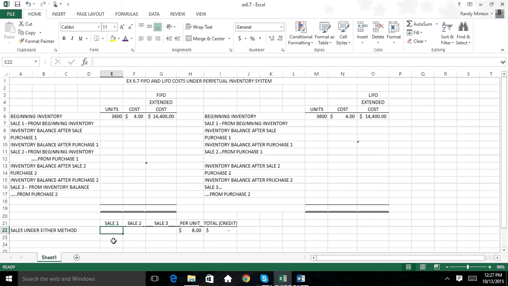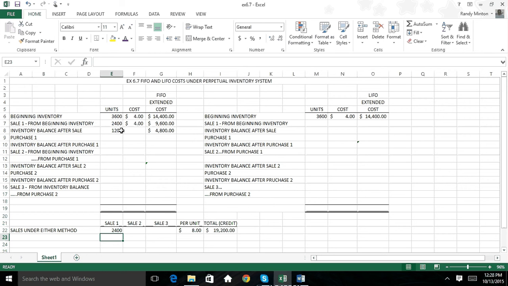In this particular case, the first sale was for 2,400 units. And so up here in our worksheet, you will see that we started out with 3,600 units. The first sale has to come from the beginning inventory, and under FIFO it would anyway, because the first ones in would obviously be whatever was in our beginning inventory, and then we would start with the first purchase after we had exhausted those.